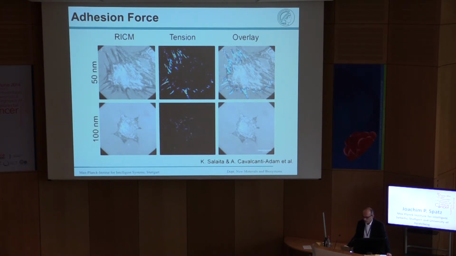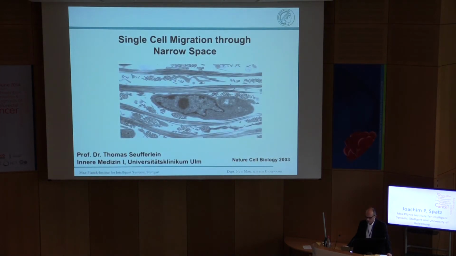Finally, I come to the last point, how we measure invasiveness of cells. And this is a project which goes back 10 years from today, which we have done together with Thomas Seuferlein from the Internal Medicine in Ulm on pancreas cancer cells.